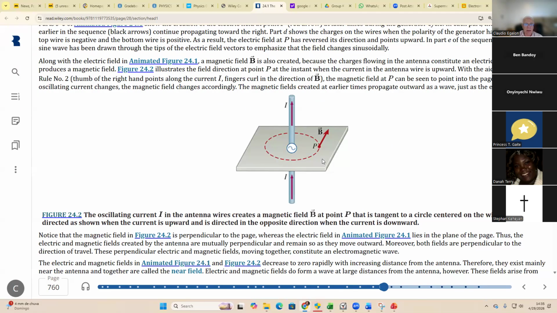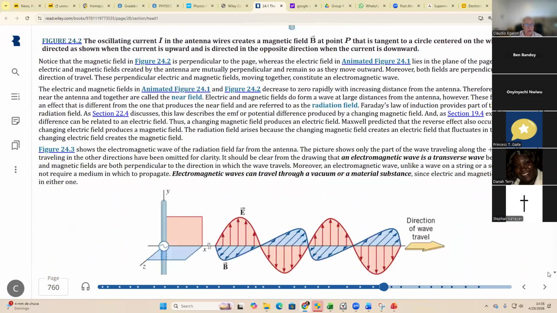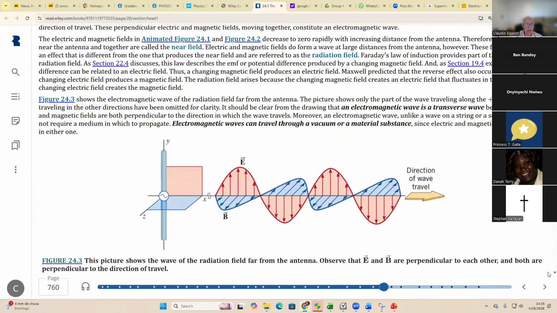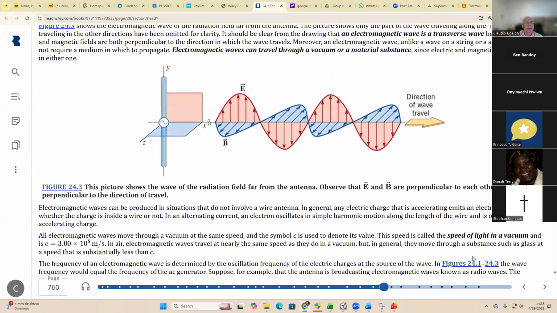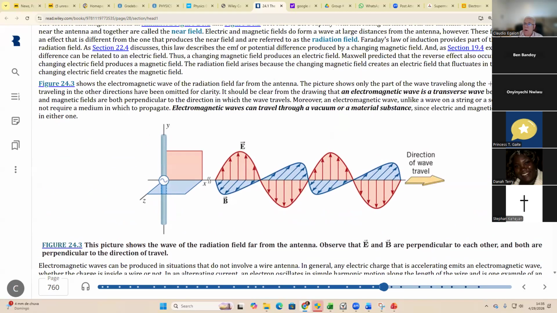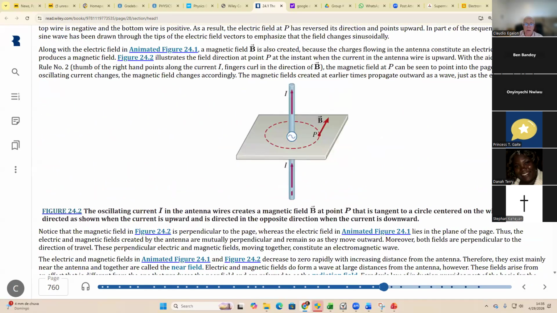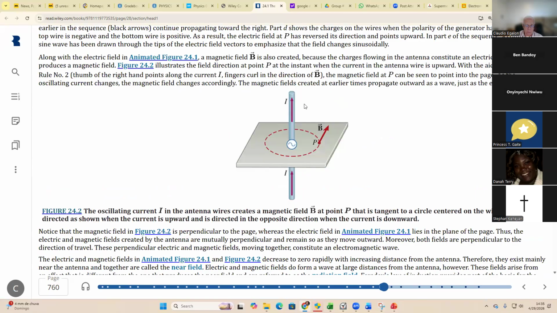That's another way of generating an electromagnetic wave, okay, with a magnetic field. And here you go, exactly what you saw in the illustration. Okay, in reality, this is not a different way. This is the same.